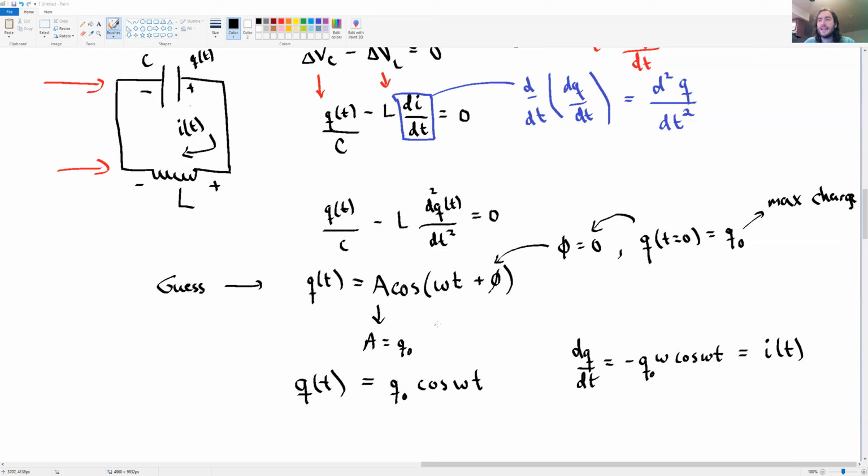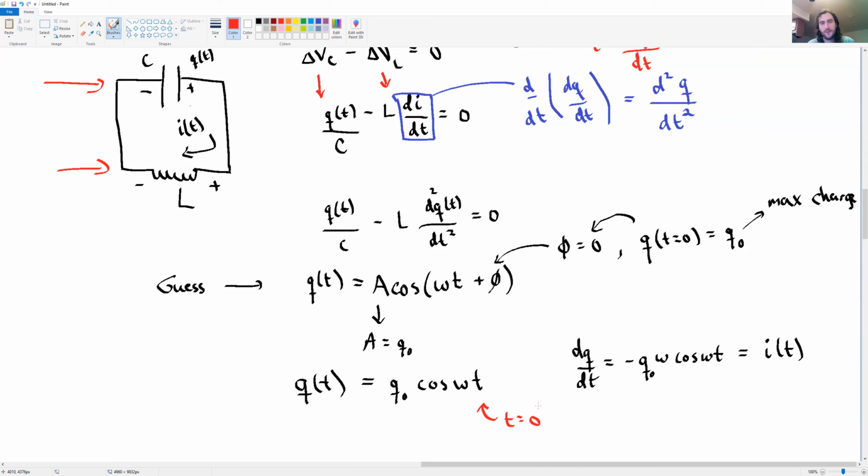Because if I plug in t equals 0 here, I'll write it in red, then the cosine is 1, and I recover at t equals 0, Q0. Now, if I plug in, let's say, omega t equals 90 degrees, right?